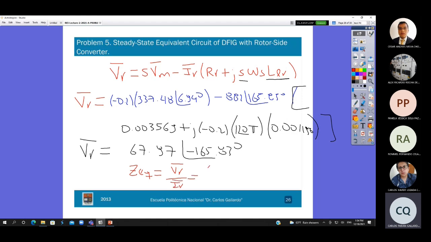The rotor voltage is 67.97 and the angle is 165.83 degrees, over the current, which we have already computed, 882.19 with 165.85 degrees.